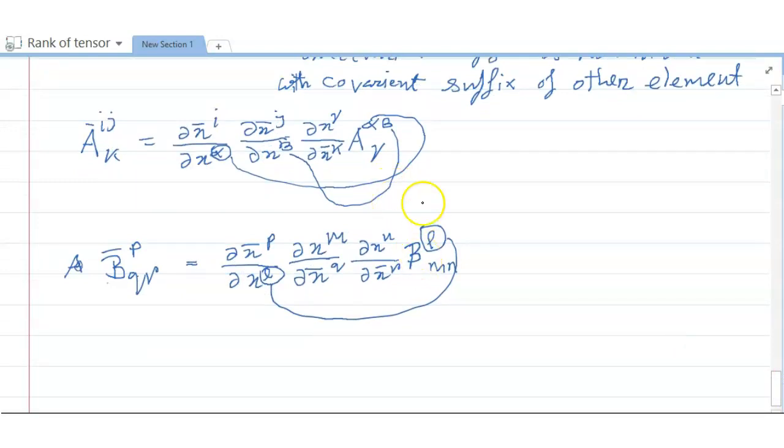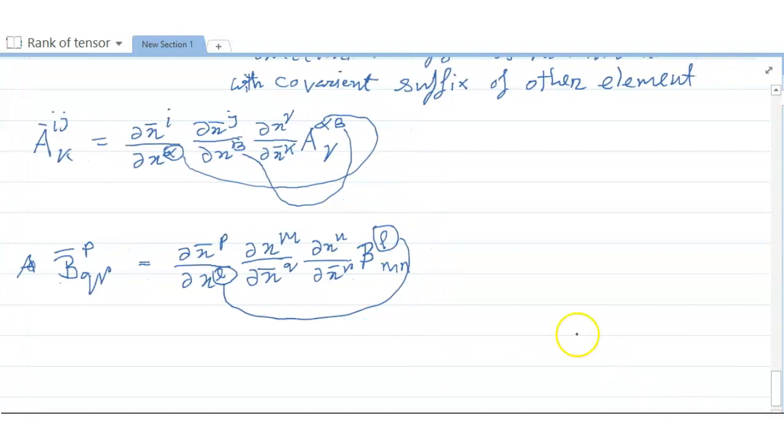Now, outer product. I want to multiply a bar i j k into b bar p q r.